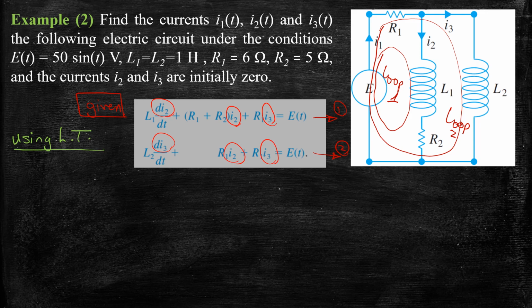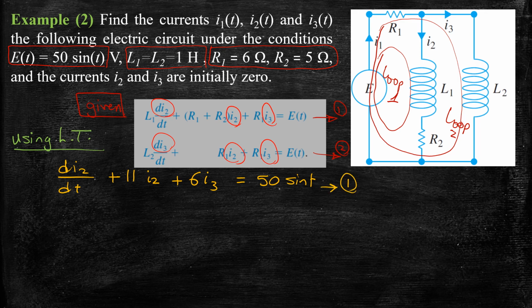Just before going through this, I can substitute with the values here. We have numbers for the inductors, values for the resistors, and a sine function for the source. Substituting this into our time domain equation, we end up with di2 by dt plus 11 i2 plus 6 i3 equal to 50 sine t, which is the same as equation number 1 after substitution.